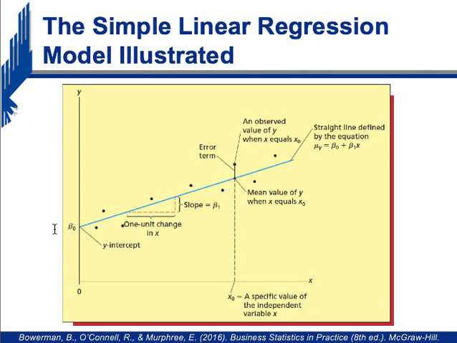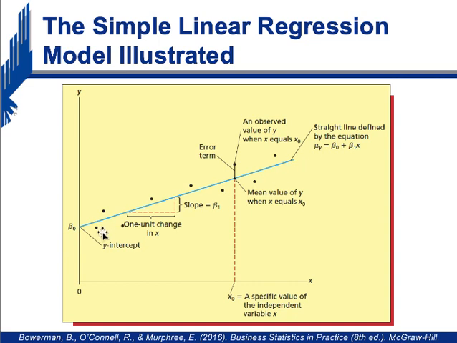So here is an illustration of the simple linear regression model. This blue line here indicates the equation mu sub y equals beta sub 0 plus beta sub 1 x. So using linear regression, we should be able to come up with an equation for that line.